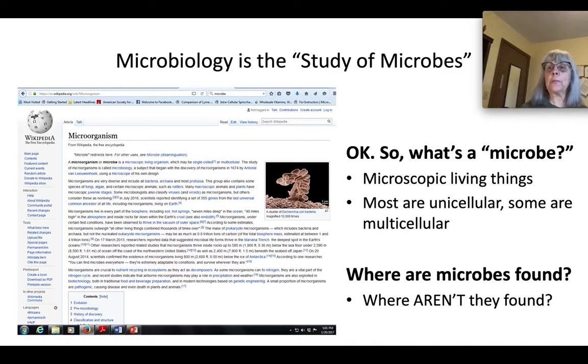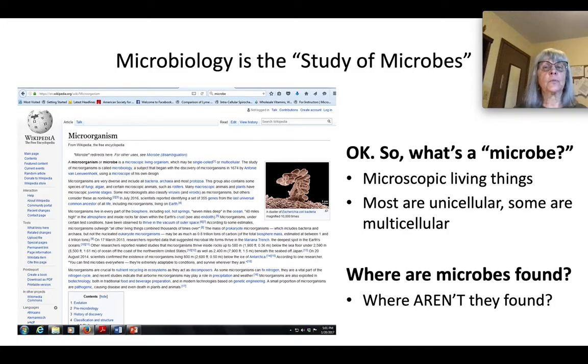If you wanted to find out more about microbes or microorganisms, you just go to the internet and Google microorganism, and the first thing you come up with is Wikipedia. A little bit about everything is in Wikipedia. But actually, some of this information is very good.